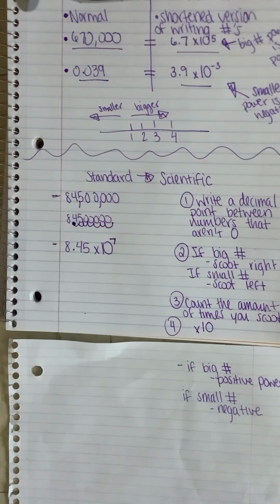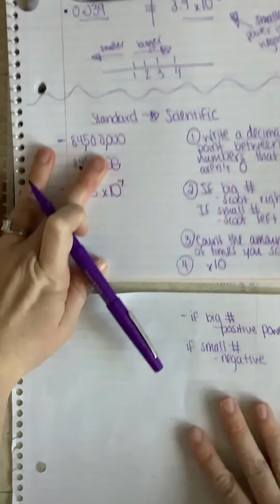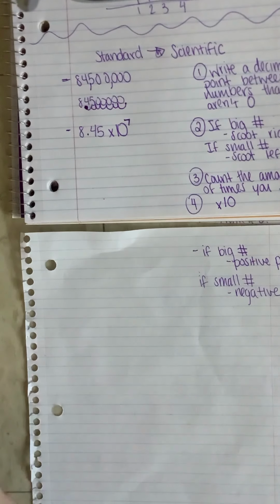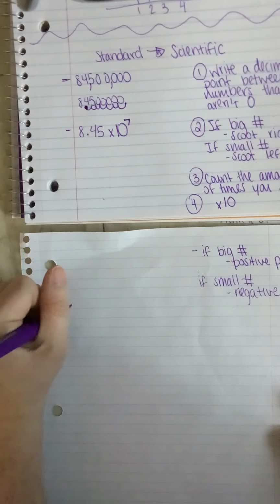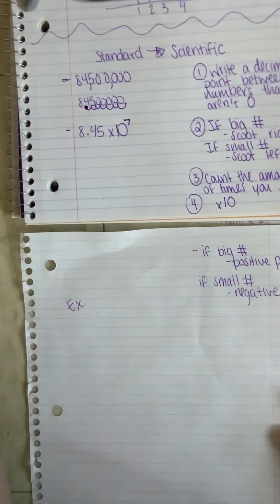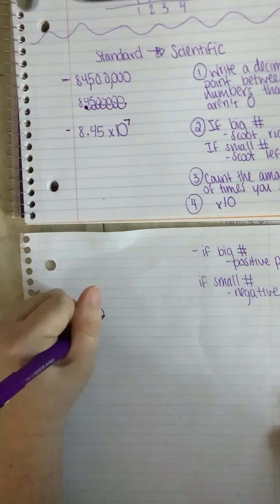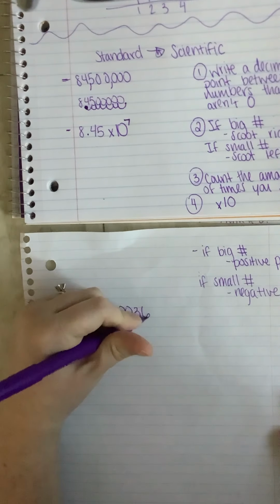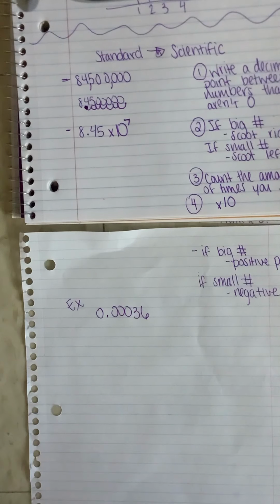Okay, let's see what that looks like if we have a smaller number. I'm just going to scoot my notes up. So here's another example. If we have a number like 0.00036, and we want to write it in scientific notation, we're going to go through a similar process.